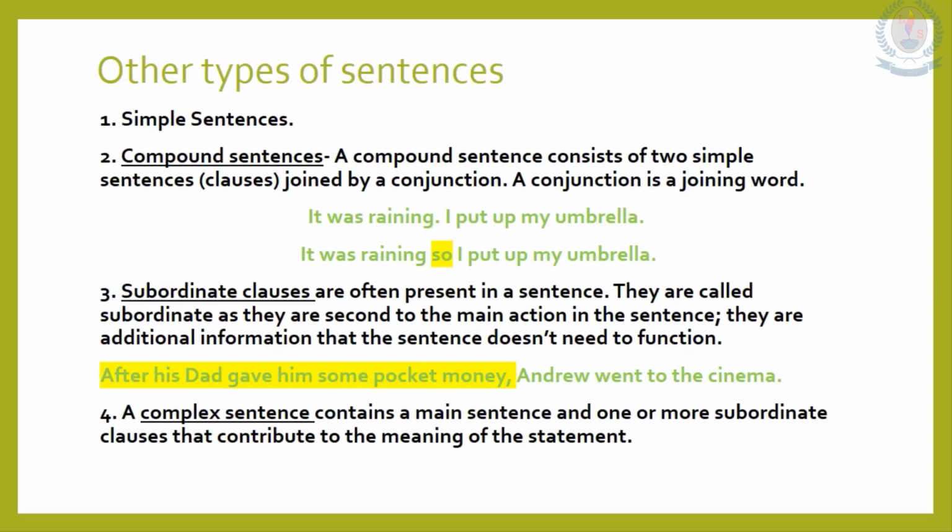So, other types of sentences are simple sentences, which we looked at before. Compound sentences consist of two simple sentences joined together by a conjunction, right? It was raining, so I put up my umbrella.